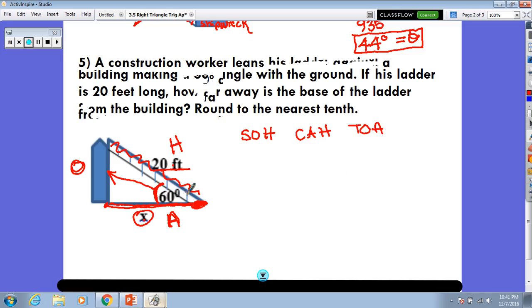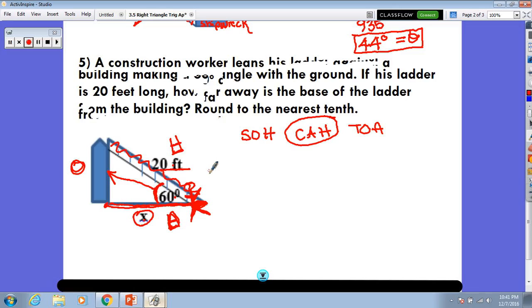Now we're looking for which trig function we're going to use that has an a and an h, and that would be the cosine. I forgot to draw my little stick man, but he should have been drawn over here because the angle is here. You always draw your stick man wherever the angle is, whether you're solving for the angle or the angle's given.